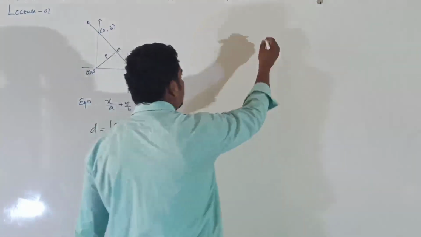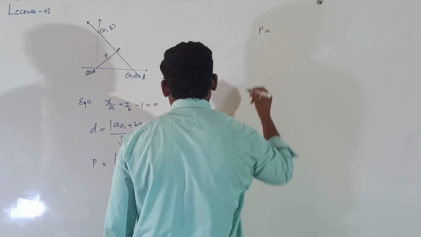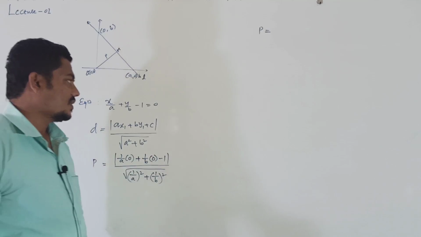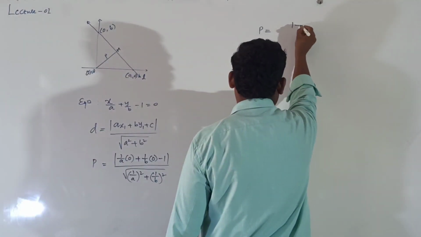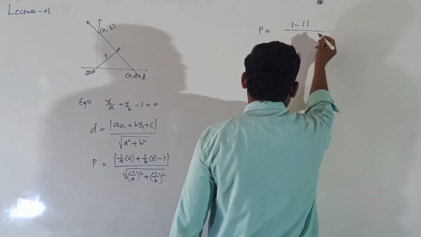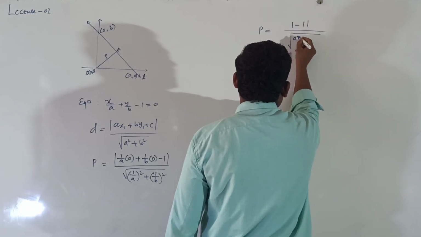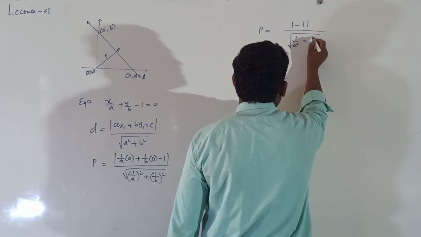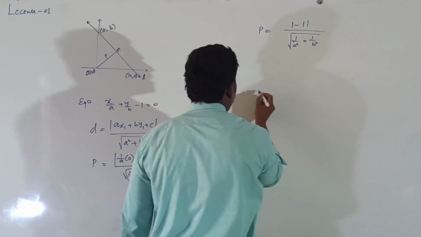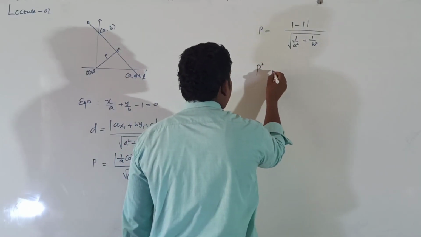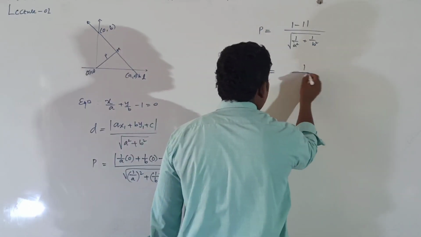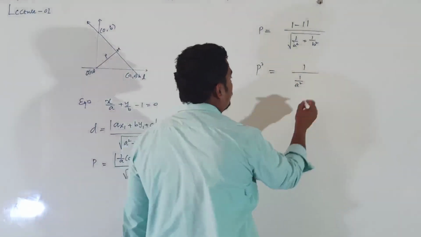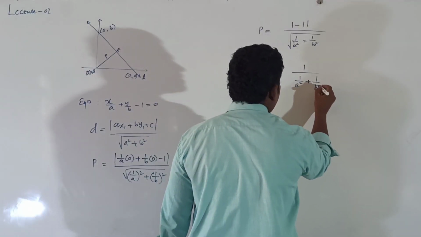Then P is equal to 0 into 1 by A plus 1 by B into 0 is 0, modulus of minus 1 divided by square root of 1 divided by A square plus 1 divided by B square, right? Then P square is equal to, just squaring on both the sides, 1 divided by 1 divided by A square plus 1 divided by B square, right?